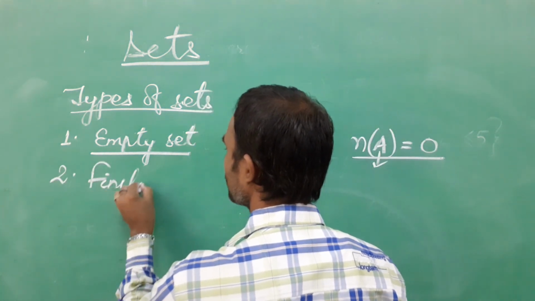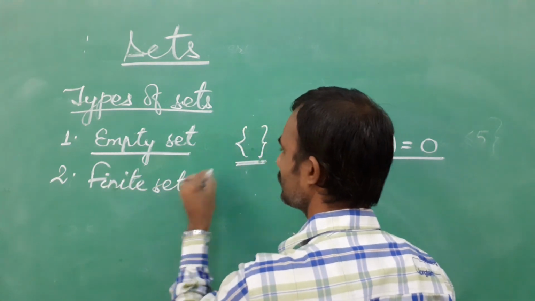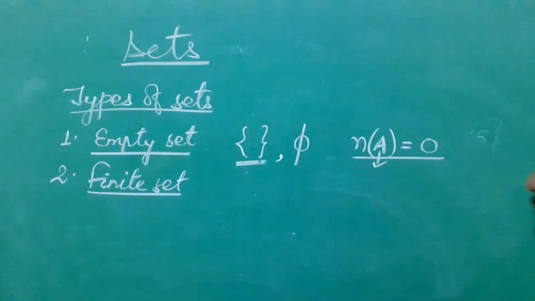Next, finite set. If a set has a fixed number of elements, a finite number of elements, like the vowels in the English alphabet, here the number of elements will be 5, fixed. But if we are thinking of the collection of natural numbers, it is not fixed. We cannot say only 100, we cannot say only 10.